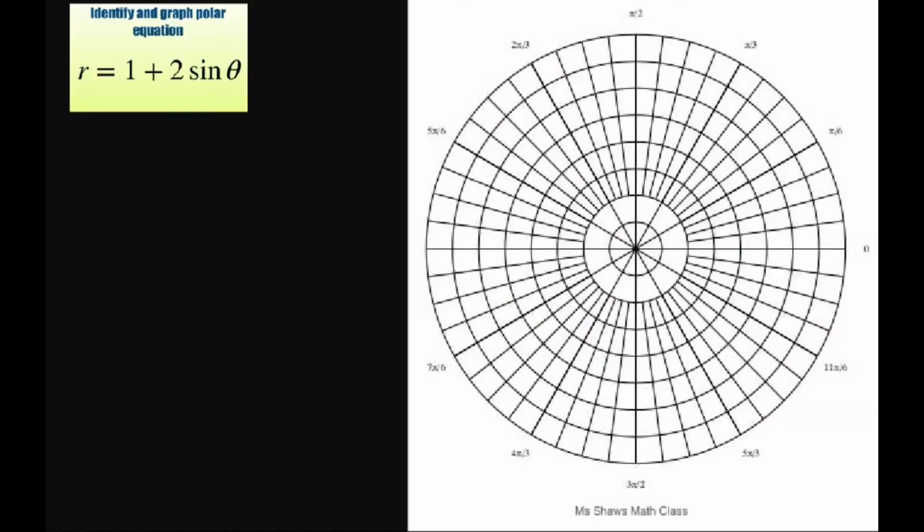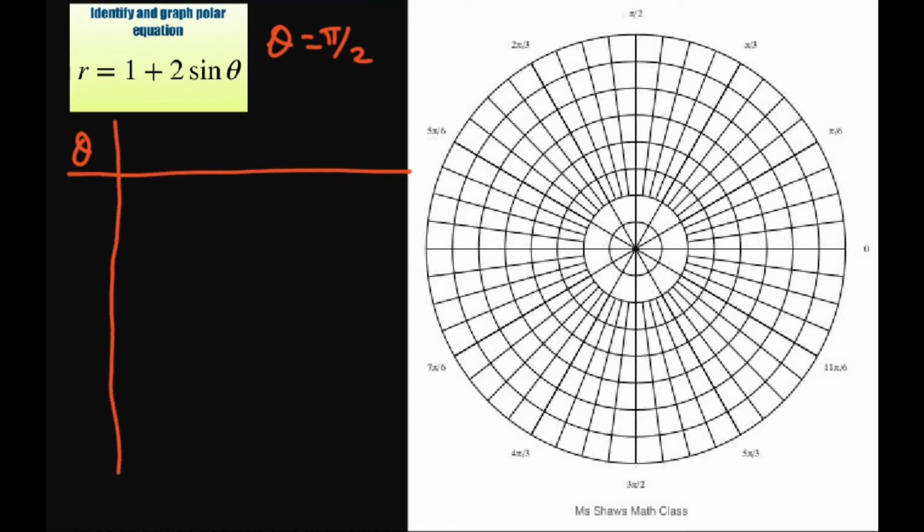We know that our graph is symmetric to the line theta equals pi divided by 2. So what we want to do is assign values to theta from negative pi divided by 2 to pi divided by 2. So let's do that.